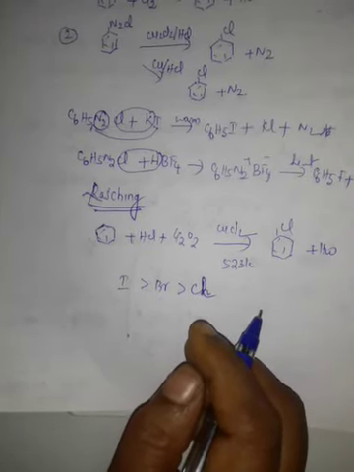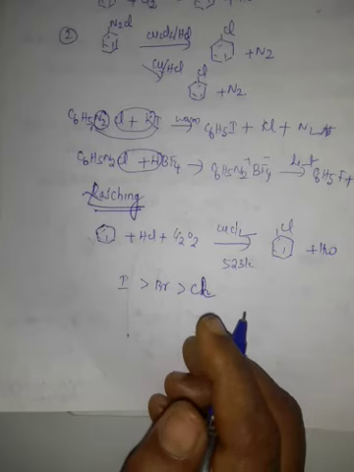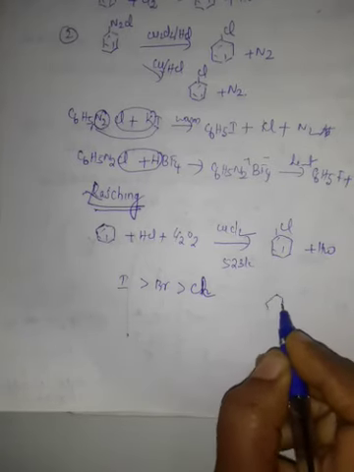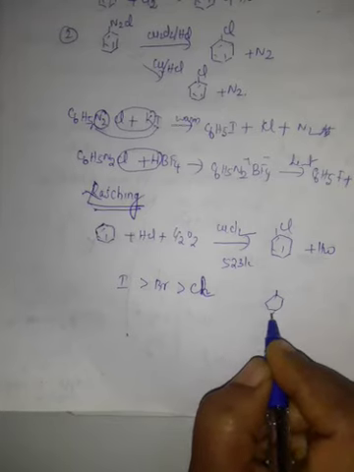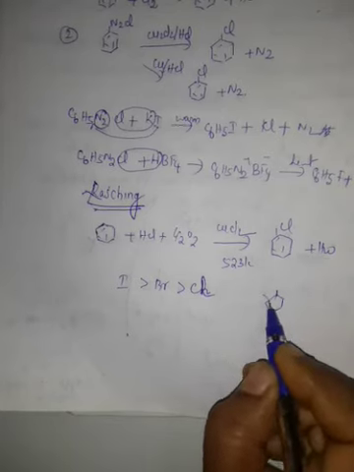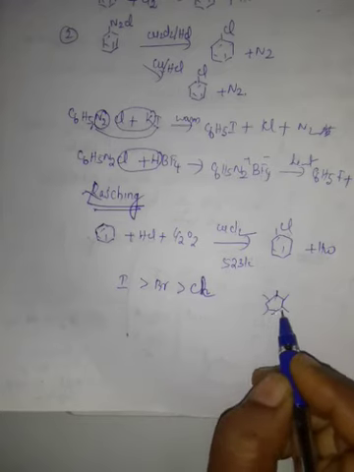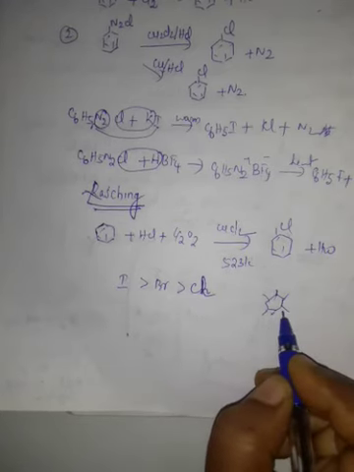The melting point of the para isomer, para meaning just the opposite position, is higher than the melting point of the ortho and meta isomers. These are the ortho positions, these are the meta positions.